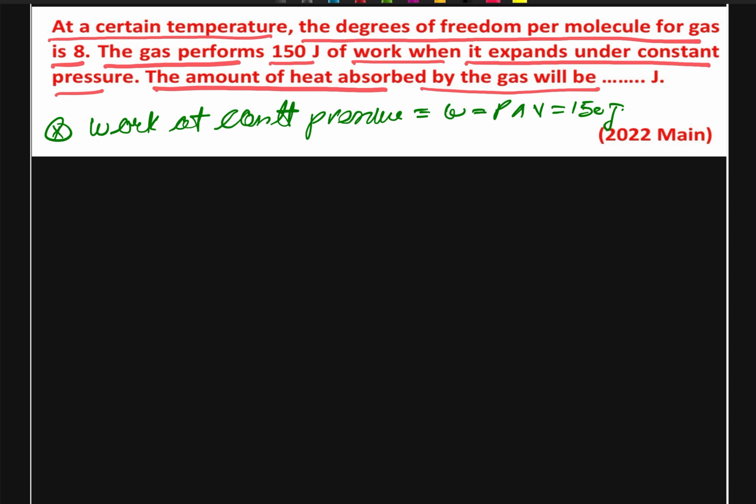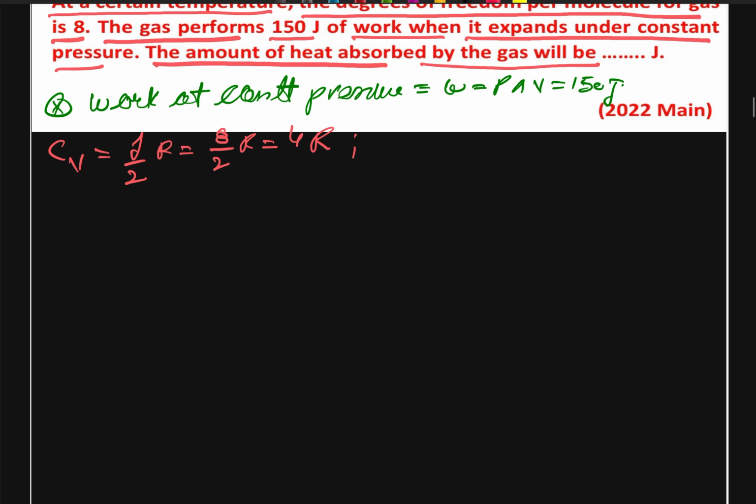And because the degrees of freedom are given to us, Cv will be f upon 2 times R. f is 8, so this comes as 8 upon 2 times R, which gives us 4R. And from here we can find Cp, which will be equal to Cv plus R, and this gives us 5R.